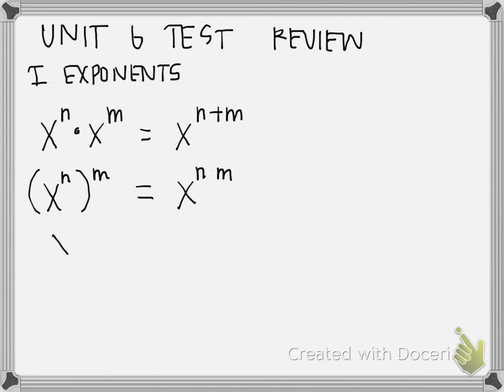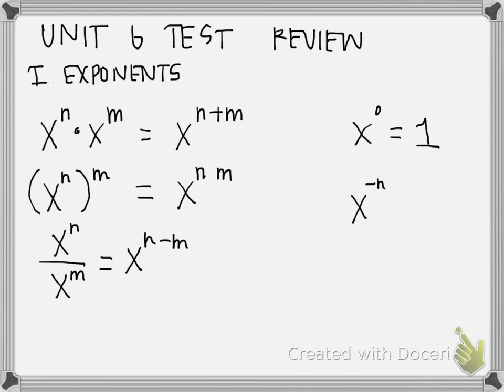If you are going to divide like bases, we subtract the exponents. Remember, anything to the 0 power is always a 1, and if I have a negative exponent, we can make it positive by moving it to the denominator.